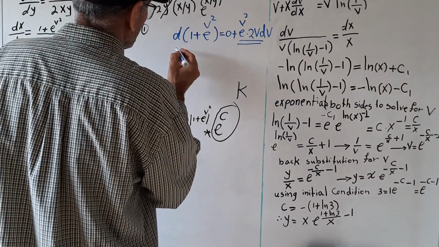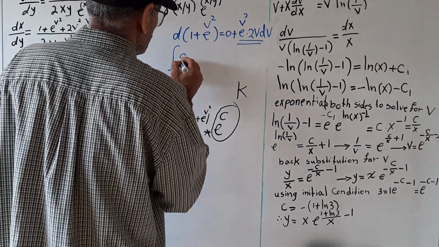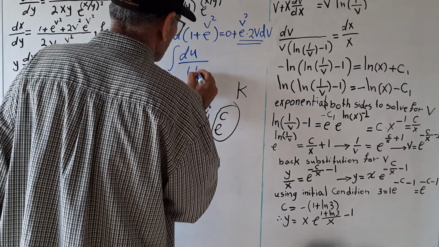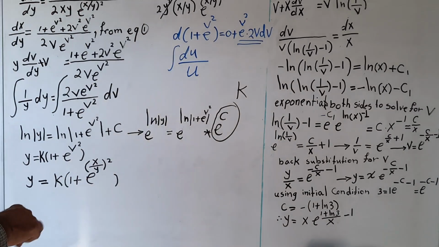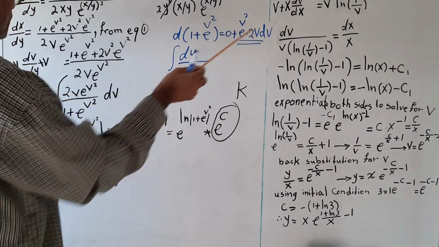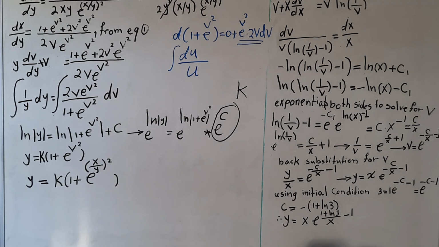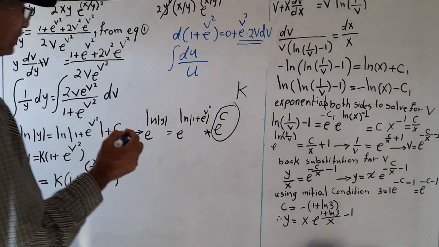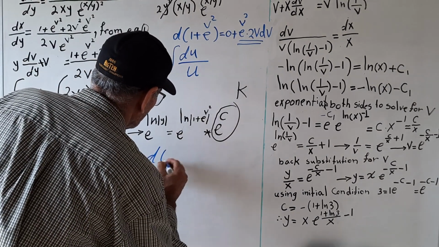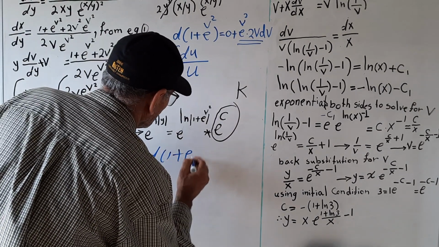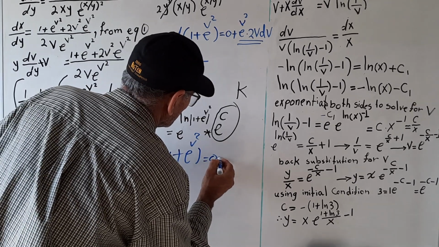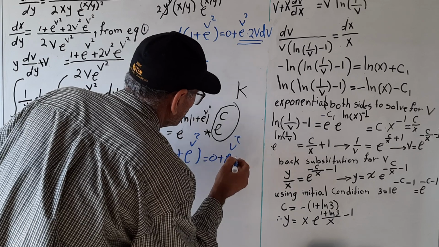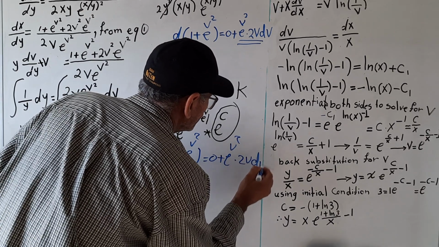So we can integrate du over u. To integrate this, we should have du here. And here we have it. Let me write it down here. d(1 plus e^(v squared)) equals 0 plus e^(v squared) 2v dv.